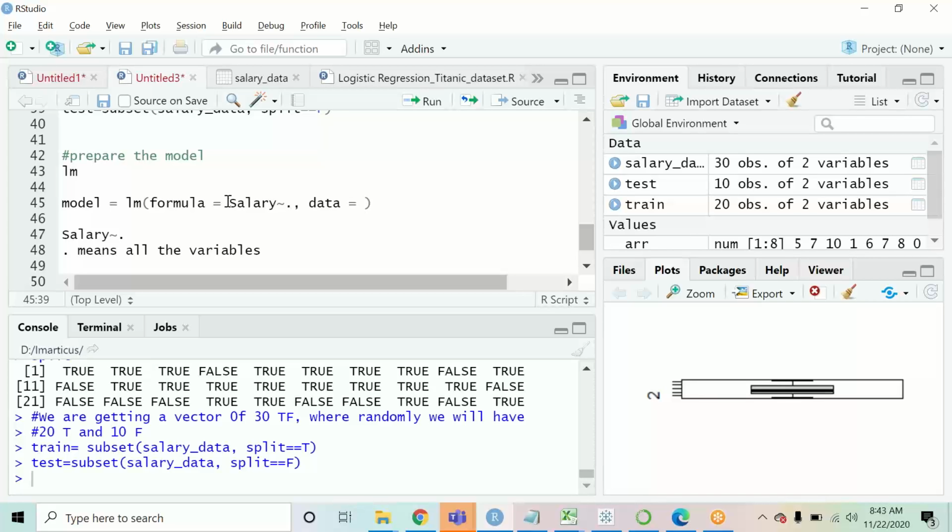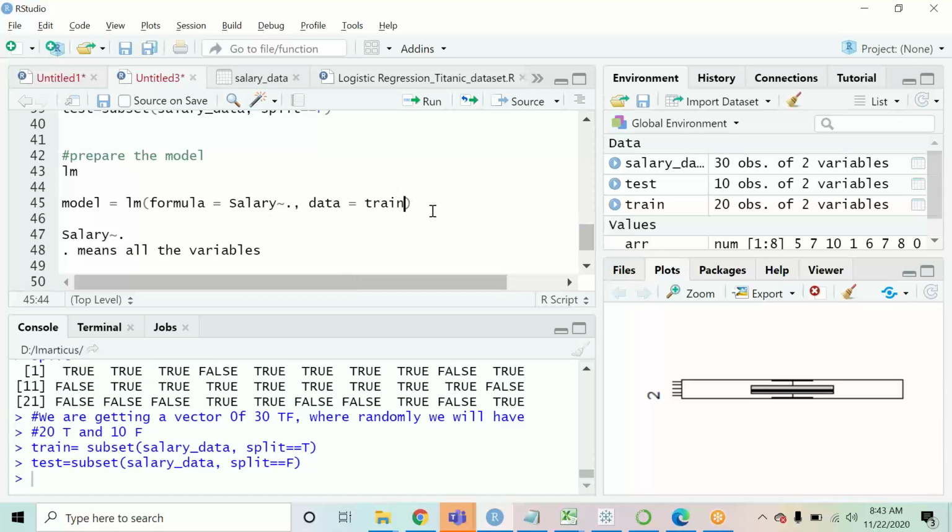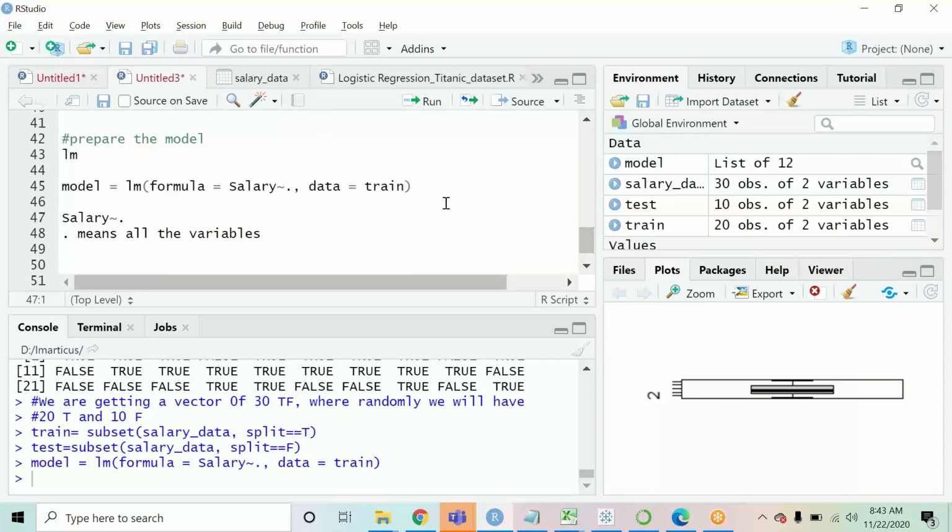See, what we have seen is we create two data sets, test and train. So the model has to be built on the training data set. So that is train. So we always build the model on the training data set. Now, I will run this, and there we go, the model is created, right?